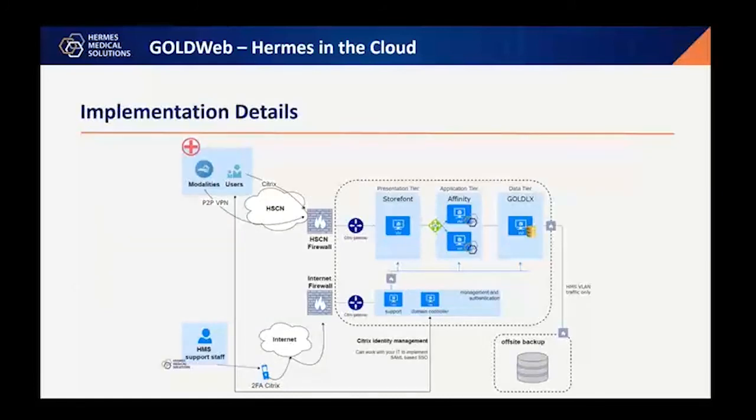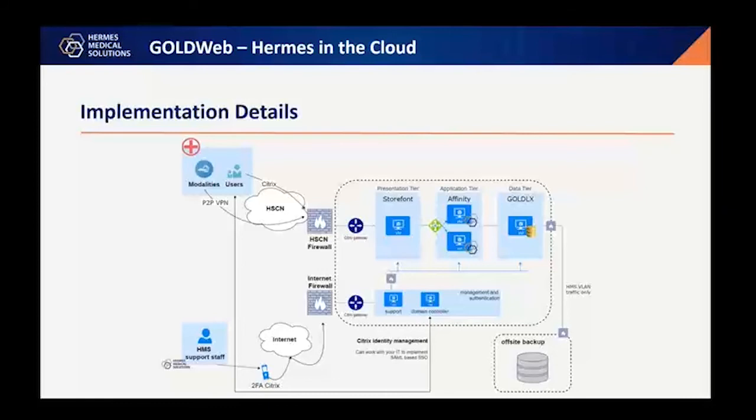So this is my most detailed slide, and I could probably go for 20 minutes just on this slide alone. But just briefly, this is how a tenant would be set up and supported by us. So you guys are in the top left in the hospital.